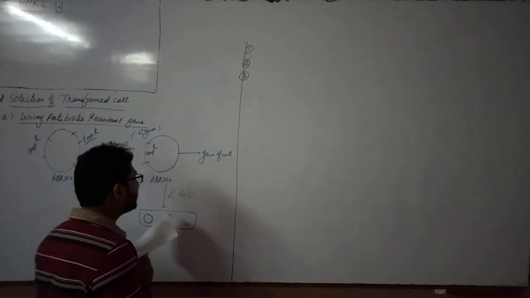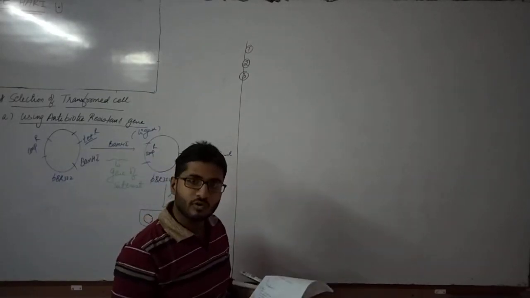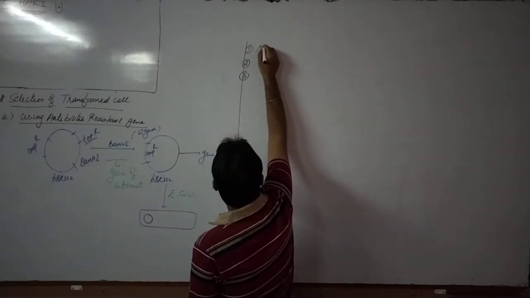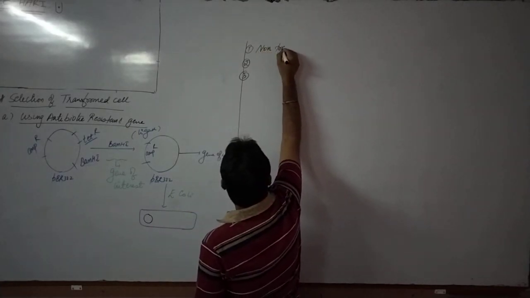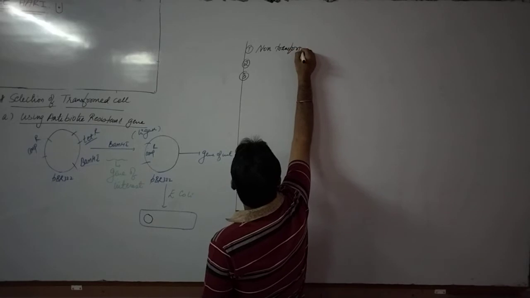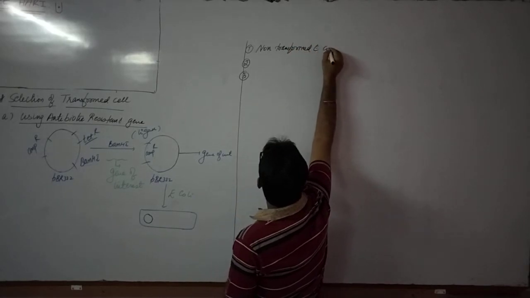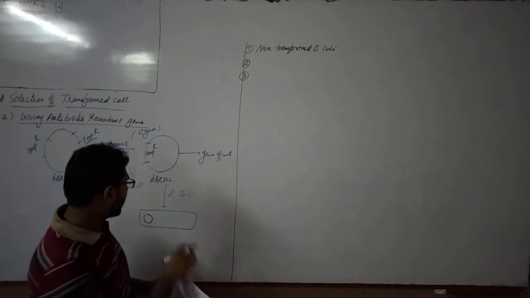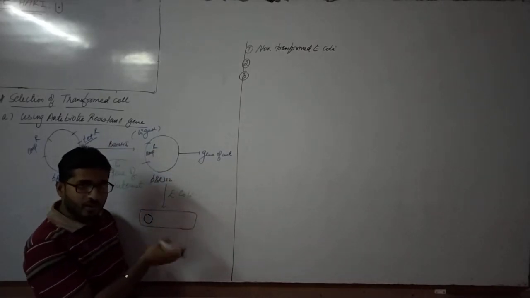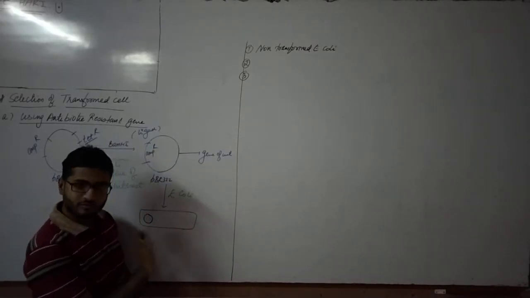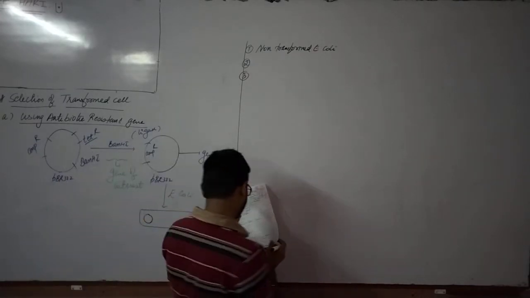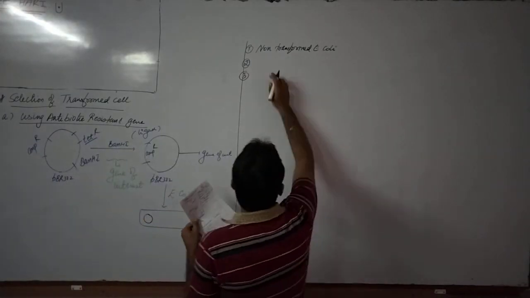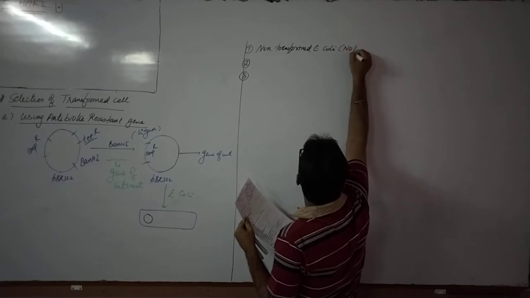The first possibility is non-transformed E. coli. No plasmid has been received. So non-transformed E. coli, that means no plasmid.